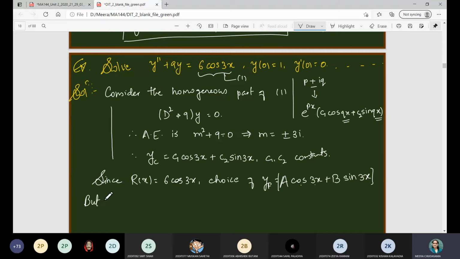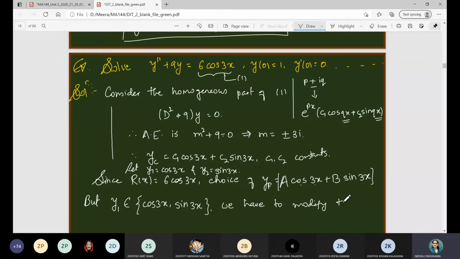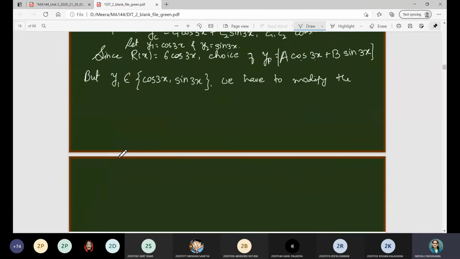Let y1 be equal to cos 3x and y2 equal to sin 3x, and you can also write the right hand side function r of x. So we have to modify the choice of yp.